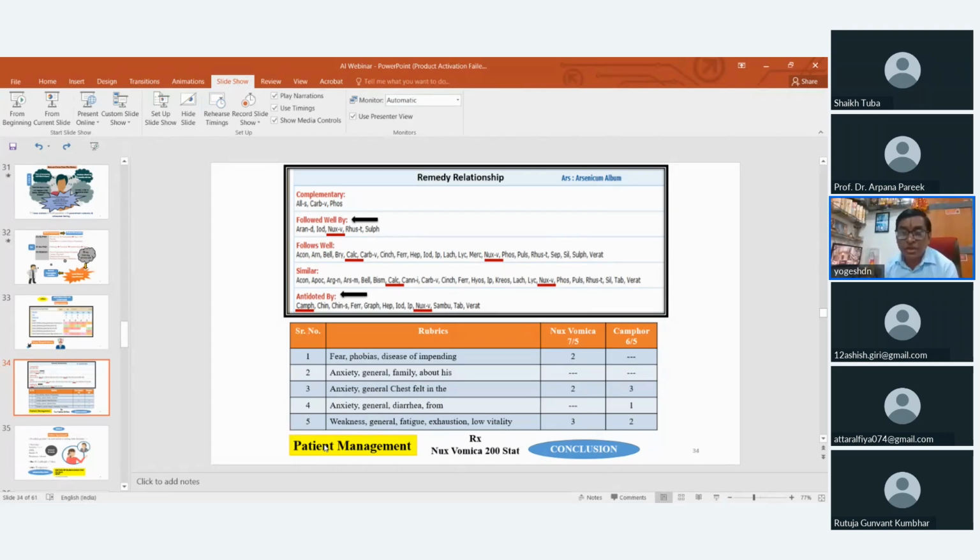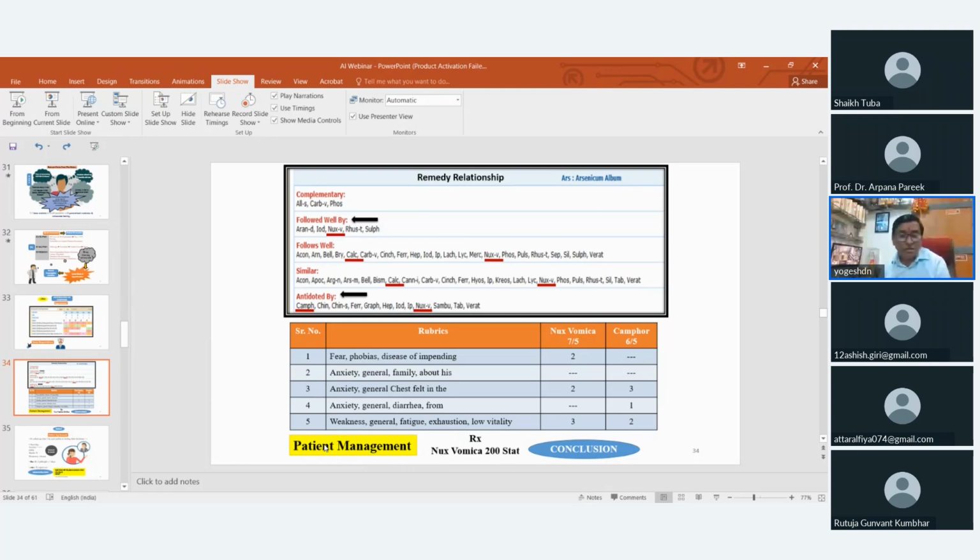But in this totality right now, Nux Vomica is covering the symptom, and as per the hierarchy, the prominent symptom, the emotional symptom, because of which the other emotion is generated in view of the anxiety towards family. So the underlying primary emotion is fear, that has further precipitated anxiety.